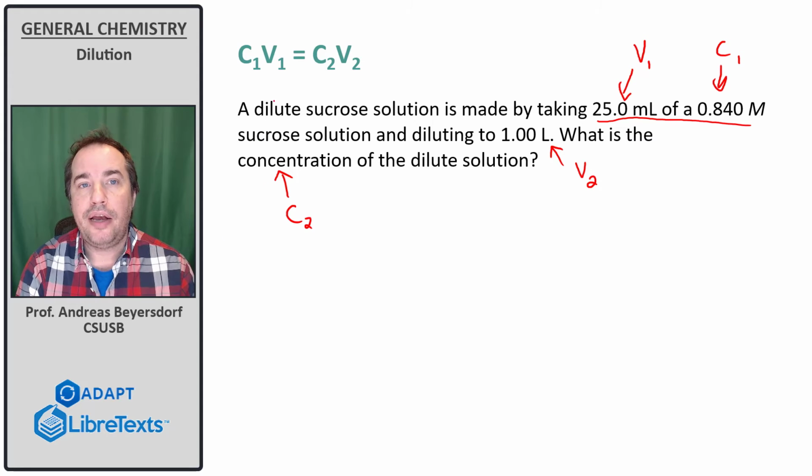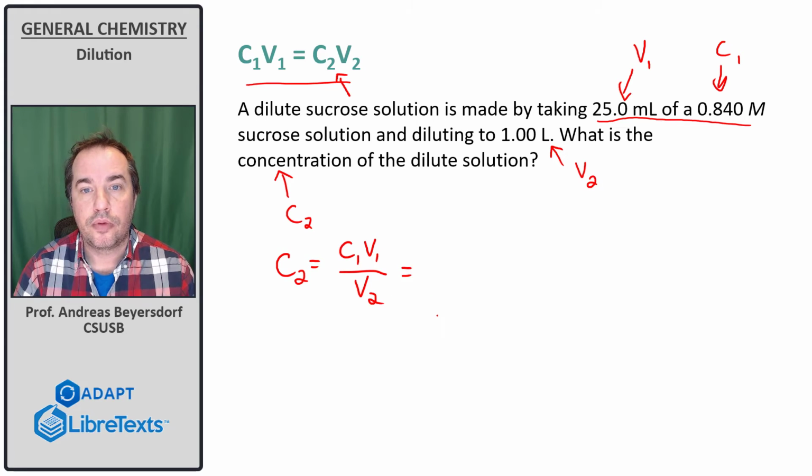Next, we go ahead and we rearrange this equation to get C2 by itself. So that'll get us C2 equals C1 times V1 over V2. Next, we can plug everything in. 0.84 molar, 25 mLs, and 1 liter.